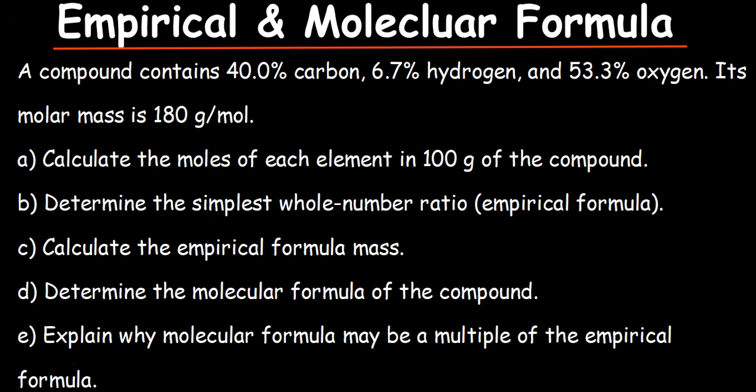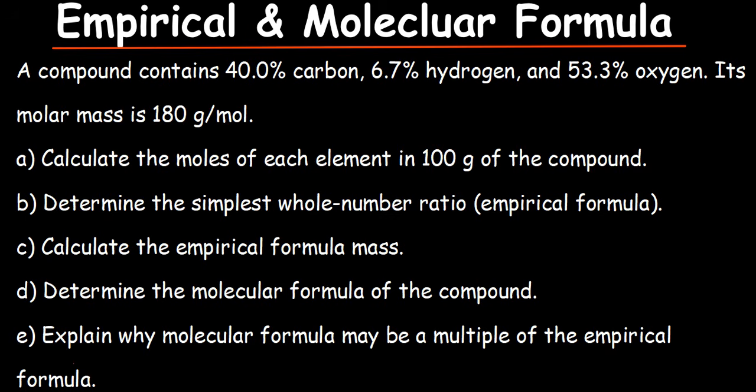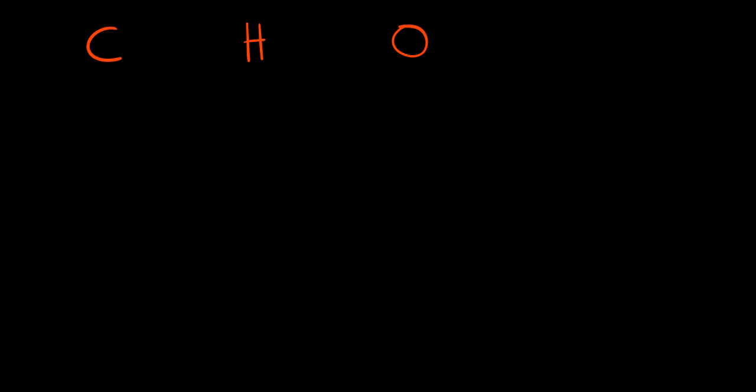So we've got C, H, and O. Carbon is 40%, hydrogen 6.7%, oxygen 53.3%.